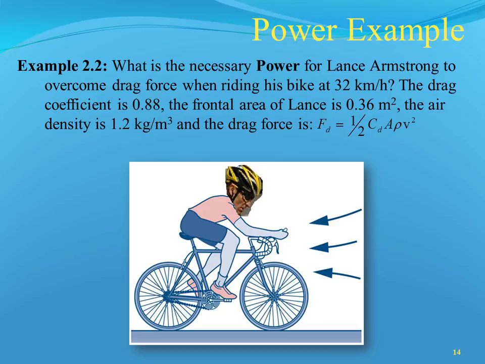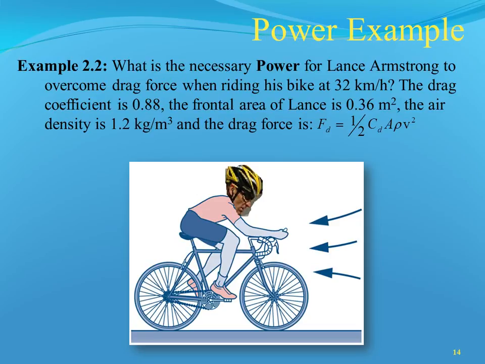The drag coefficient is 0.88. The frontal area of Lance is 0.36 meters squared. That area is basically the area that is blocking the wind that is being applied to him and causing that drag force.